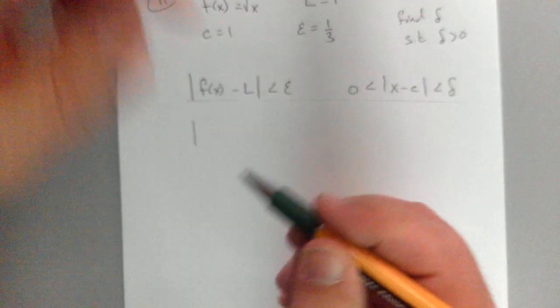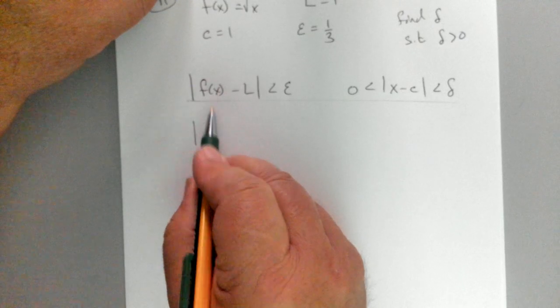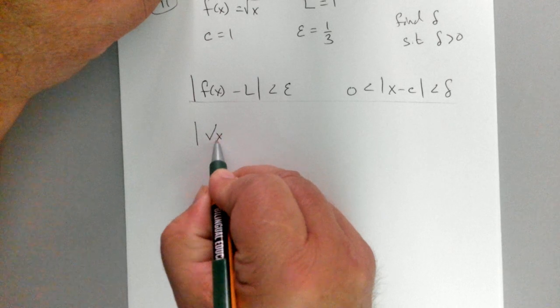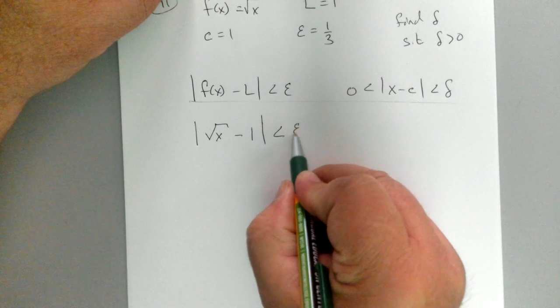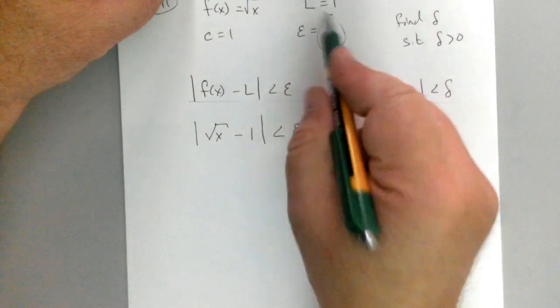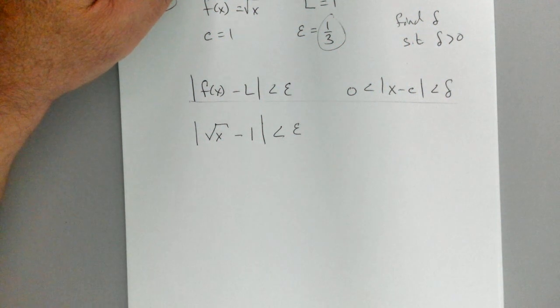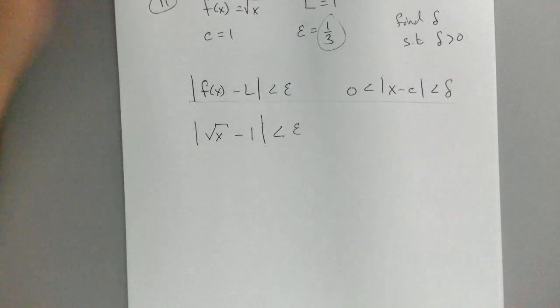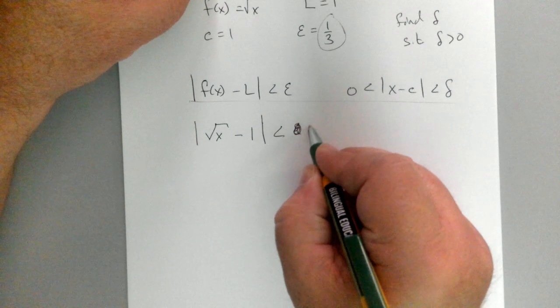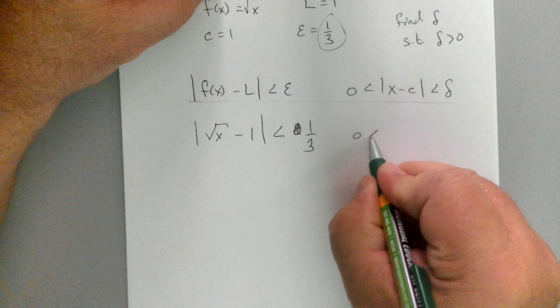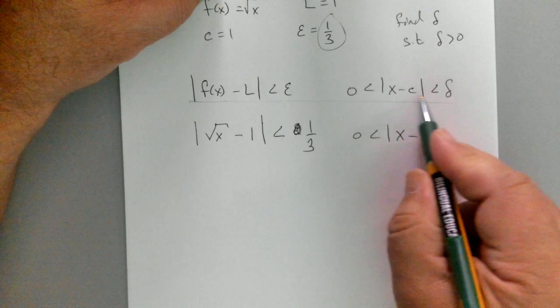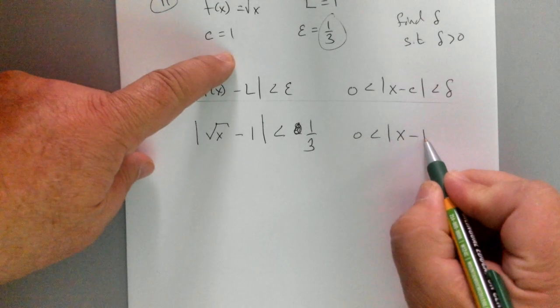Inside the first one goes what? What's f of x? And the limit is 1. We're going to use this in a little bit. Since we're solving for delta, we have to define the epsilon. C is 1.